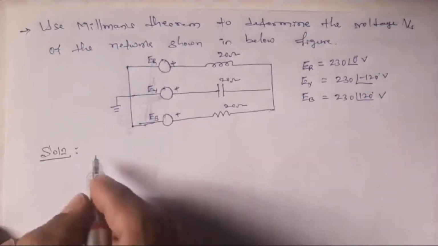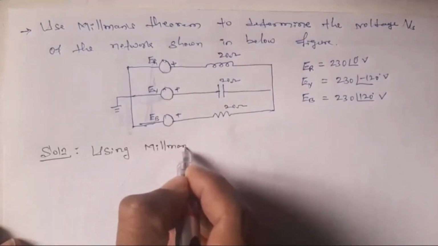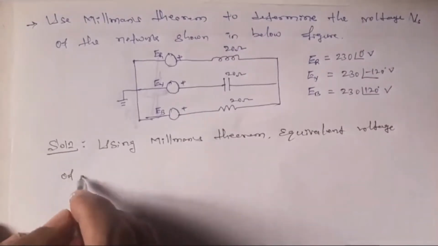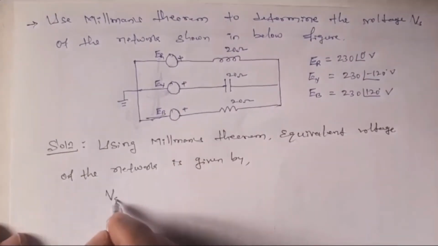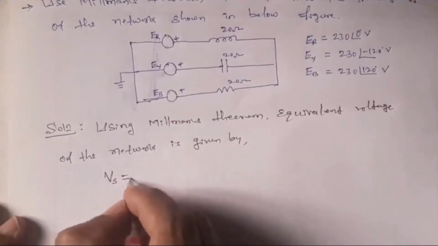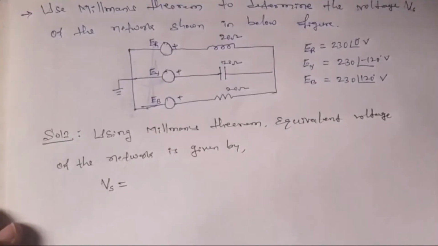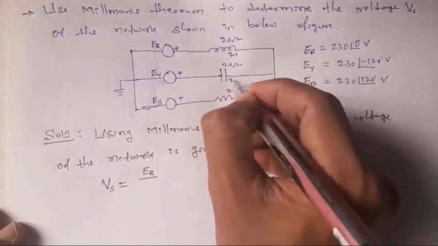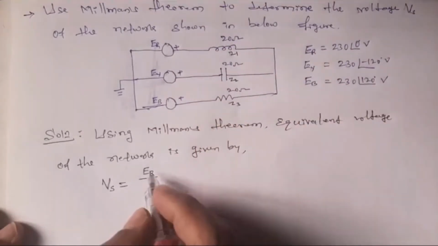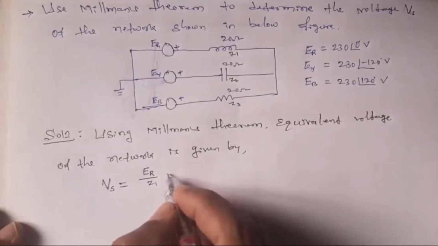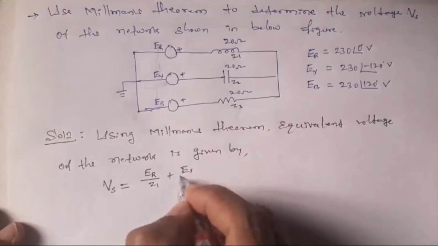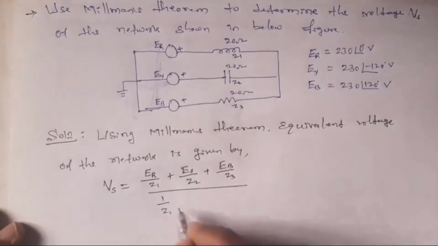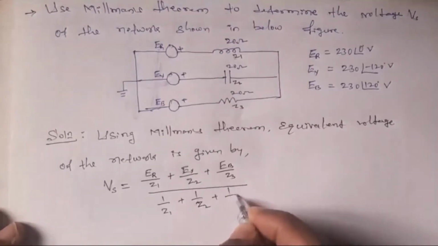Let me start with Millman's theorem. The equivalent voltage of the network, I'll write it as Vs, is equal to ER by Z1, I'll call this Z1, this Z2, this Z3, plus EY by Z2 plus EB by Z3, whole divided by 1 by Z1 plus 1 by Z2 plus 1 by Z3.